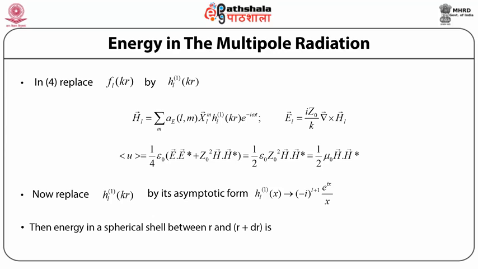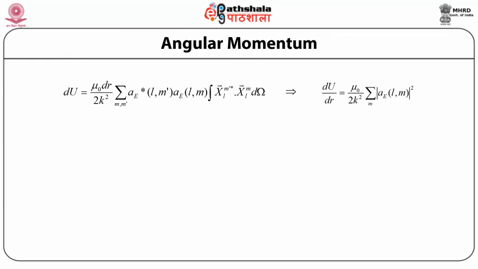Then energy in spherical shell between r and r plus dr is dU is equal to mu naught dr by 2k squared into summation over m dash of a_E conjugate as a function of L m dash and a_E as a function of Lm into integral X_Lm dash conjugate into X_Lm d omega.